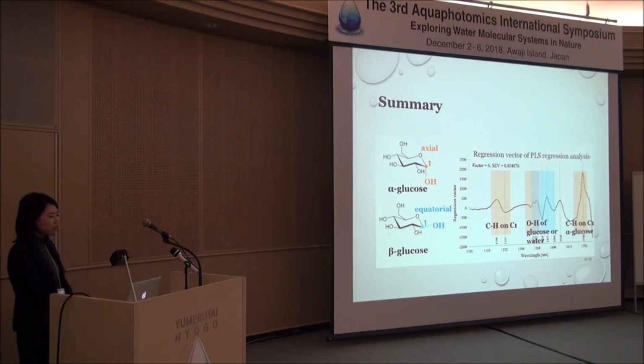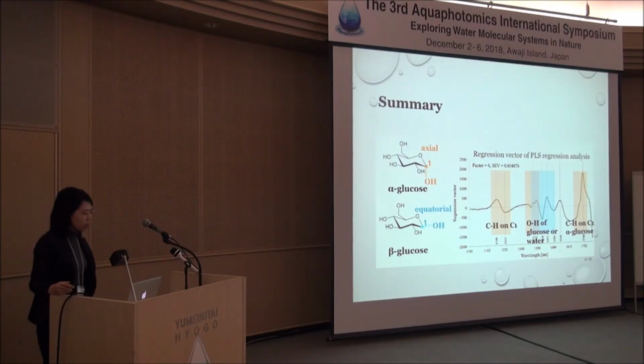As a result, we assigned the CH band as originating from CH on the C1 carbon, and the OH band as originating from water or glucose. We are going to perform further analysis using deuterated glucose solution to understand glucose spectra.